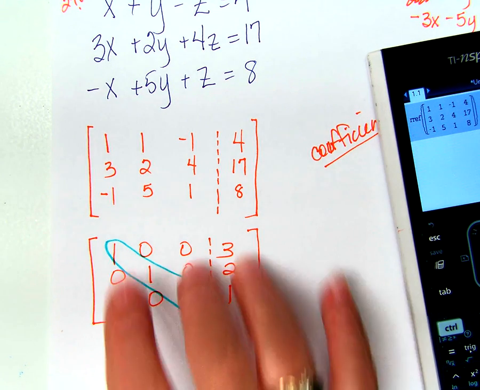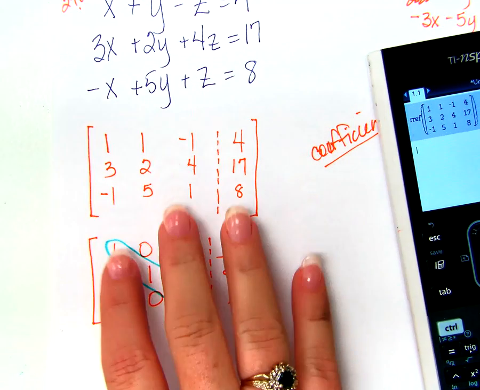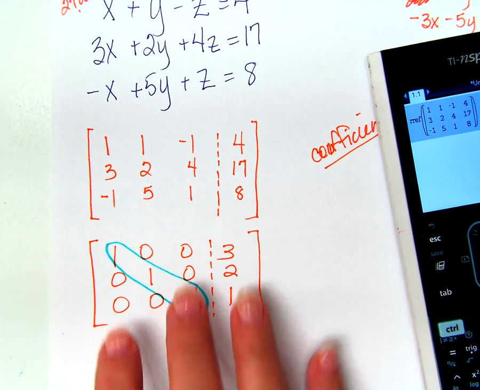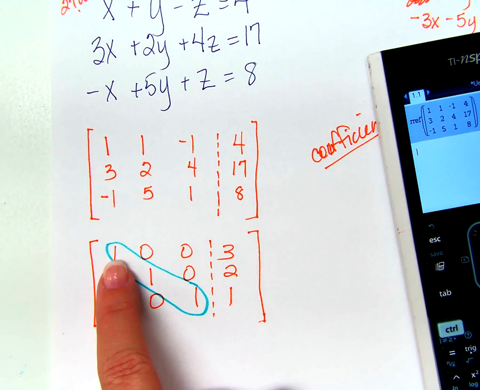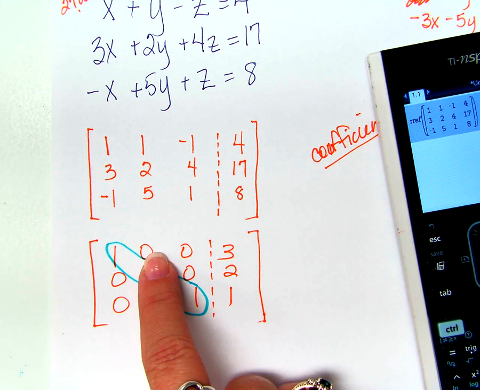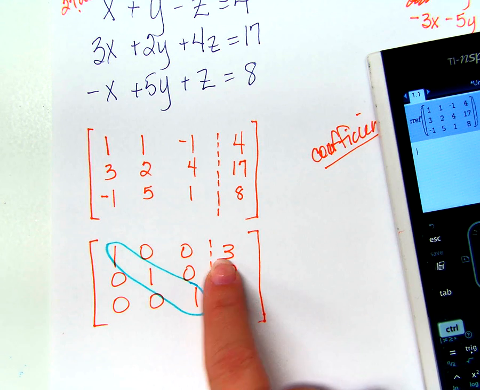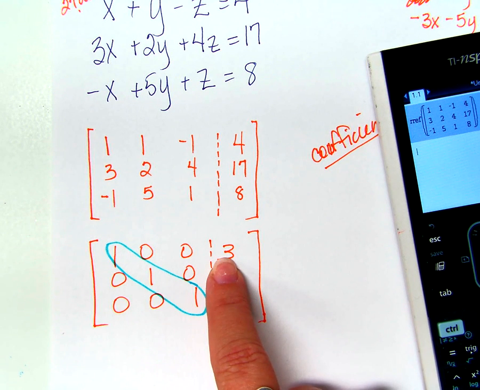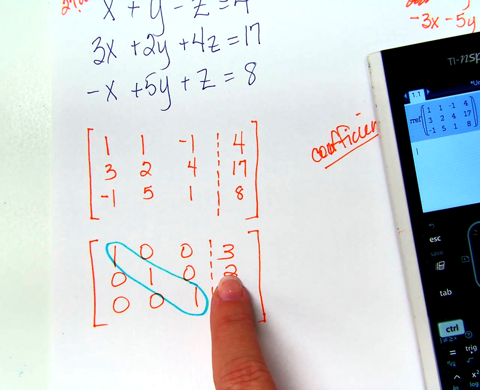And if I transferred it back into equation form, remember we went from equation form to augmented matrix to reduced row echelon matrix. If we transferred it back into equation form, what does this say? 1x plus 0y plus 0z equals 3. So isn't that saying x equals 3? 0x plus 1y plus 0z equals 2.